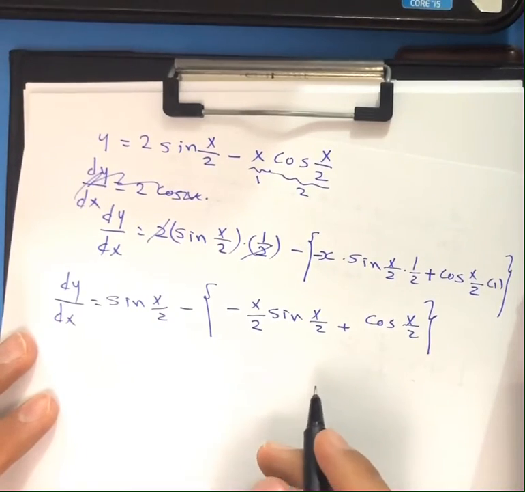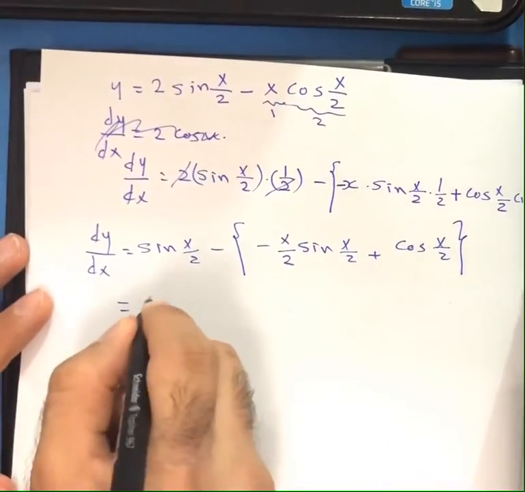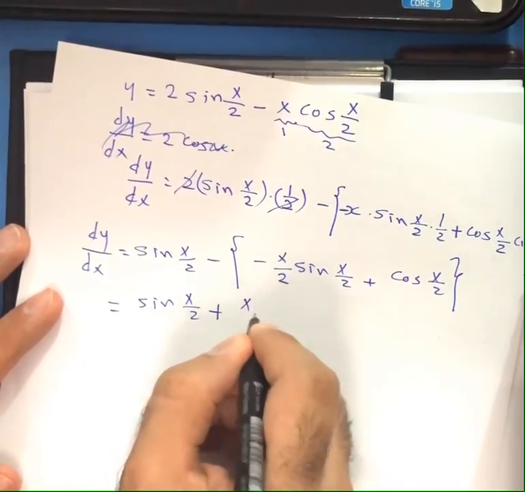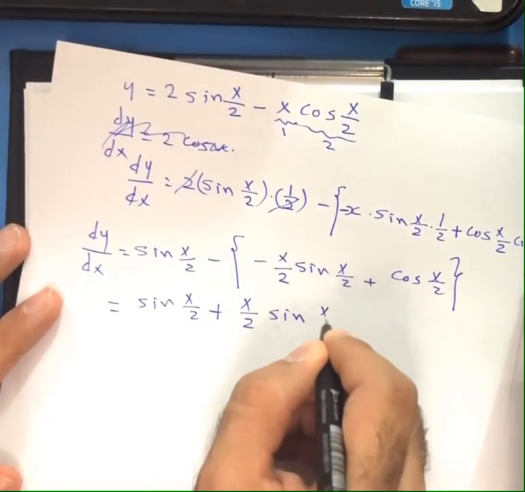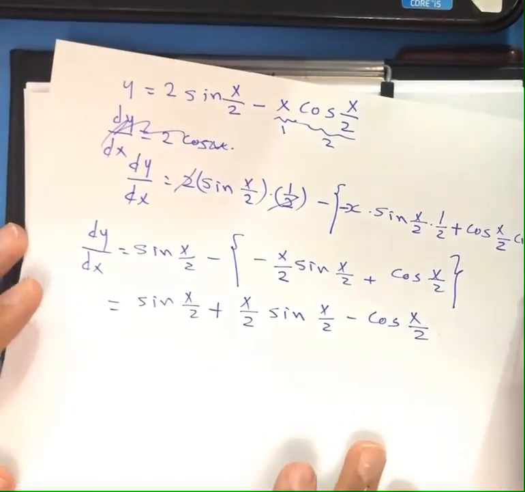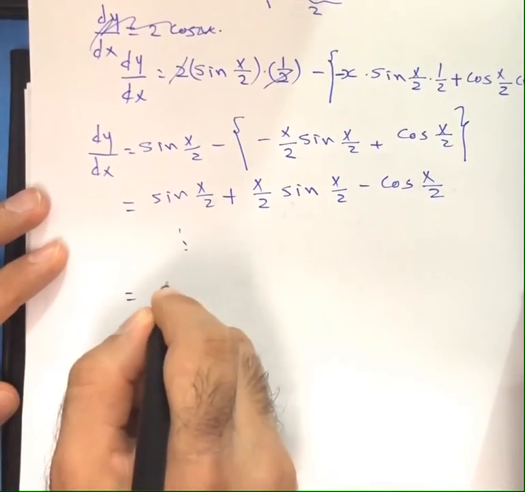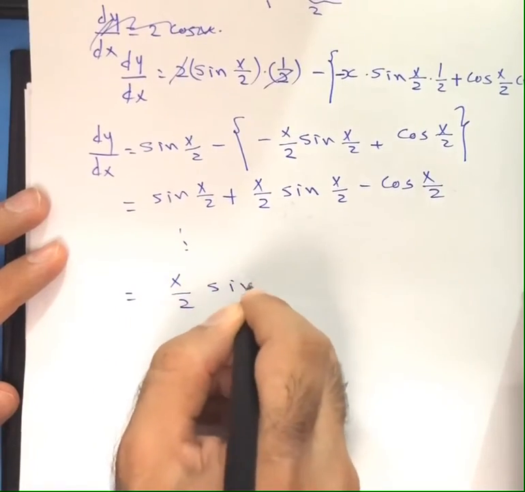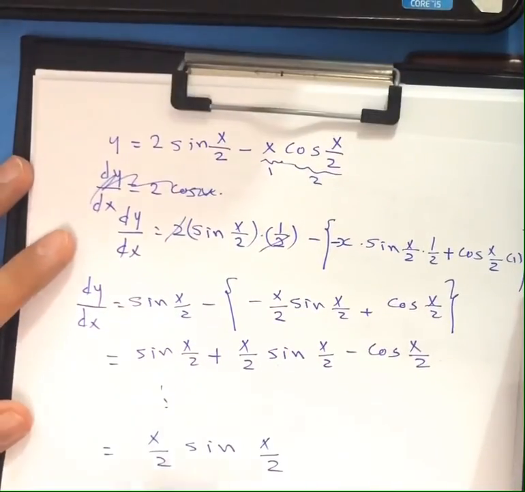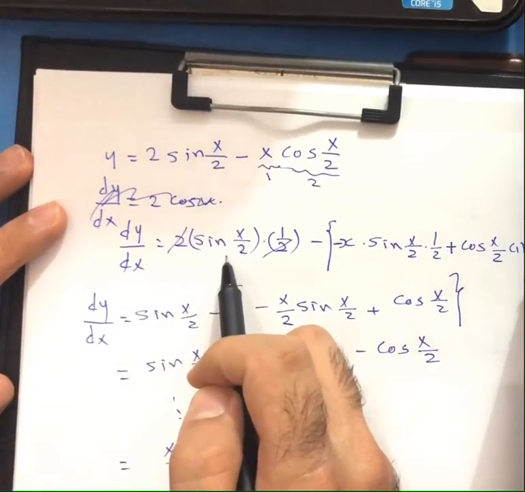Now after that we can write this like this: sine x over 2 minus, multiplied by this minus will be positive, x over 2 sine x over 2 minus cosine x over 2. Sorry, I made a mistake here.